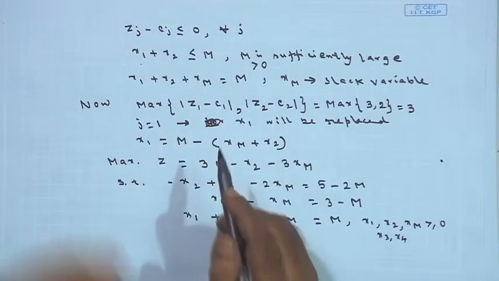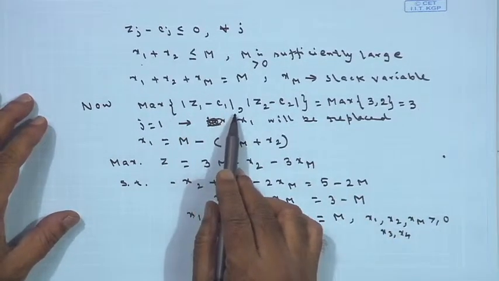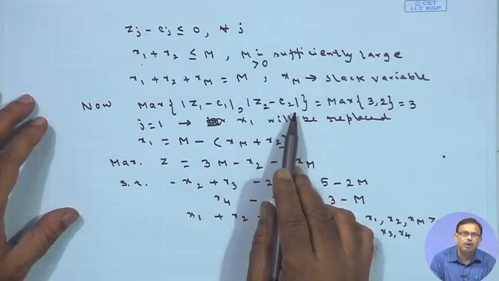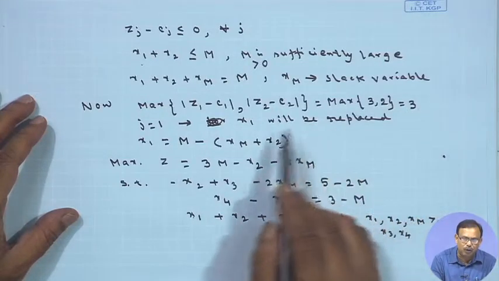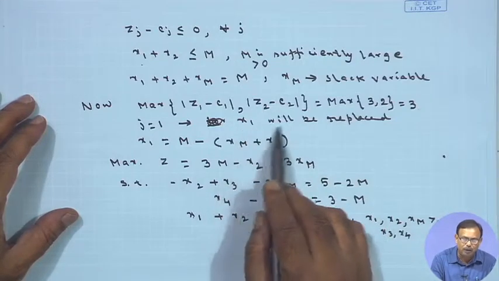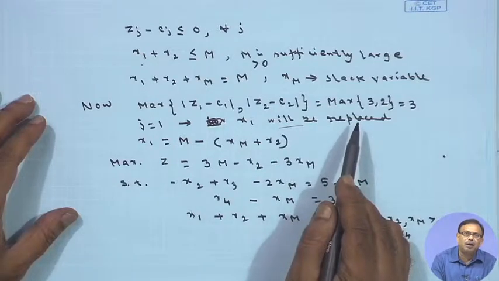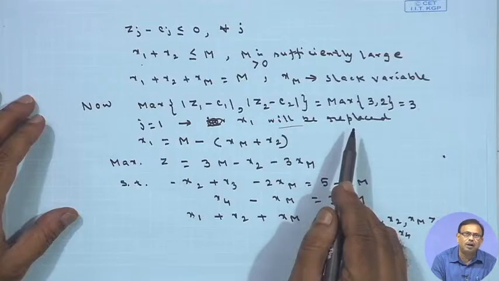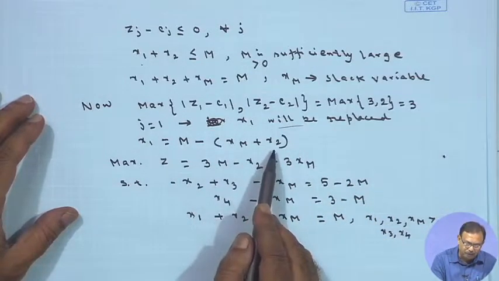I have to find the maximum of z1 minus c1 and z2 minus c2 in their modulus values, and I find the maximum is 3. Maximum 3 occurs with respect to column x1, that is, the variable x1 will be replaced in the original objective function and original constraints only, not in the new constraint, and the value of x1 will be M minus this thing.